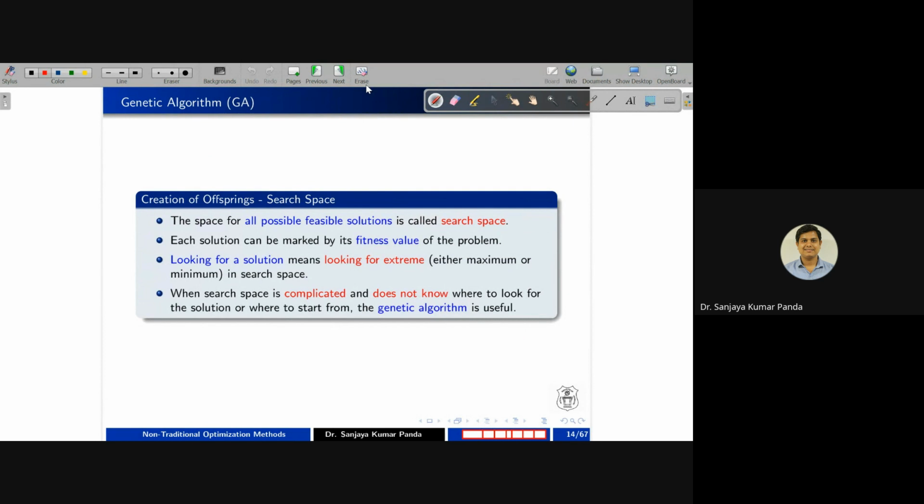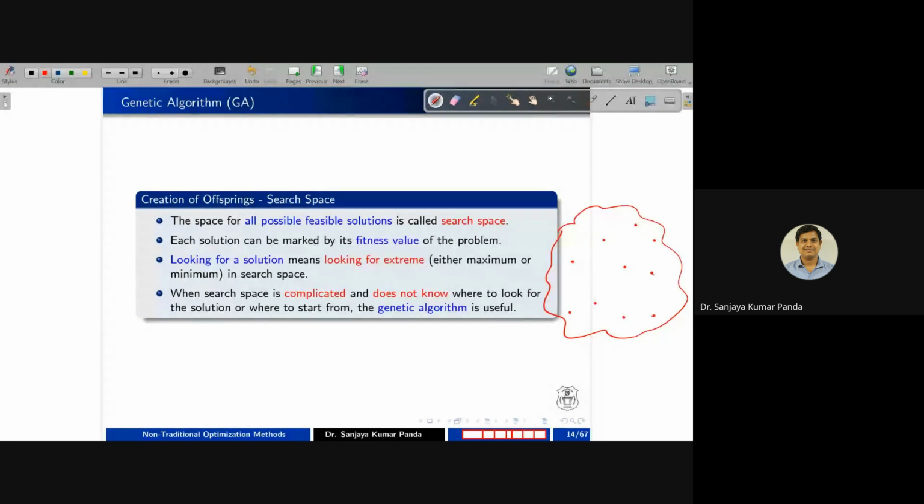Okay. So the space for all possible feasible solutions is called a search space. Generally we consider a particular search space in which we want to find a solution. Solutions may be available in different places, and in one place you will find the global optimum, and in another place you can get a local optimum, and so on. And each solution can be marked with a fitness value. As I said, every solution will get a fitness value, like in our education system, every student is getting a CGPA.